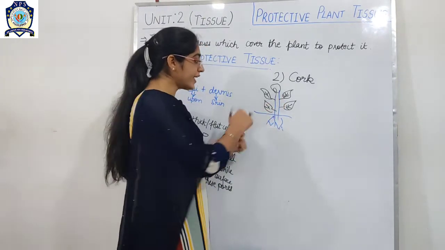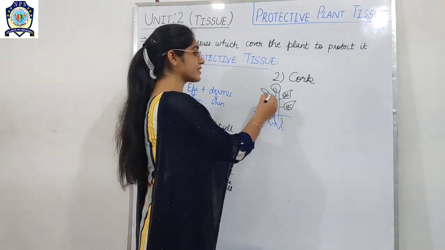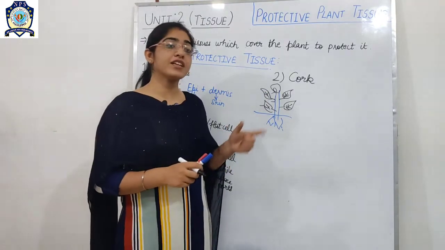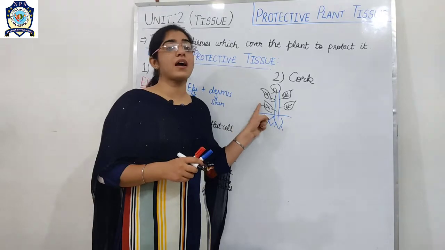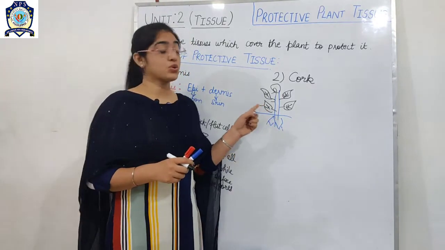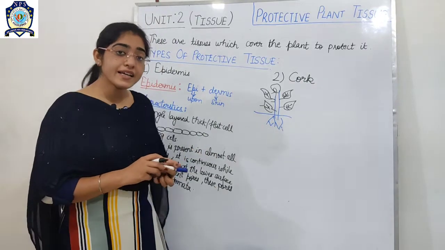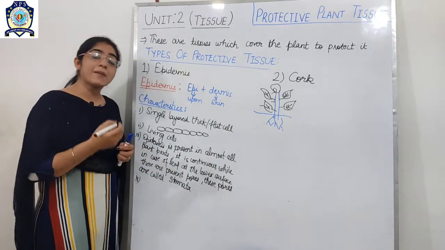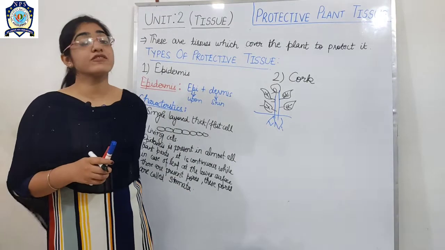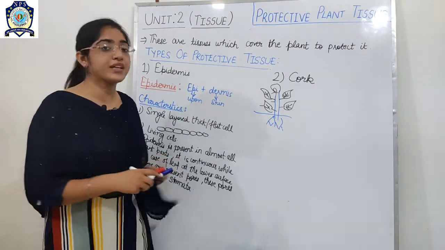The leaf, the stem and the flower or the fruit, which are in contact with the air, those plant parts are called the aerial plant parts. So dear student, in the aerial plant part, epidermis is covered by a waxy layer which is called the cuticle.